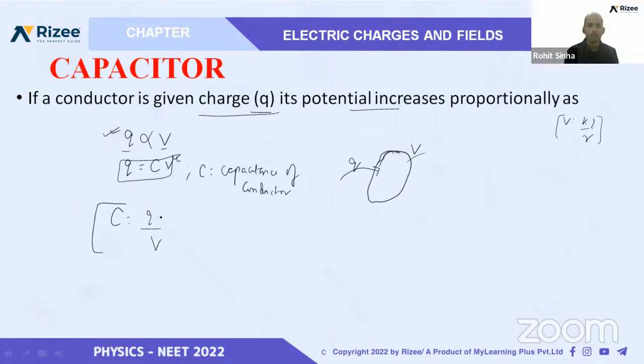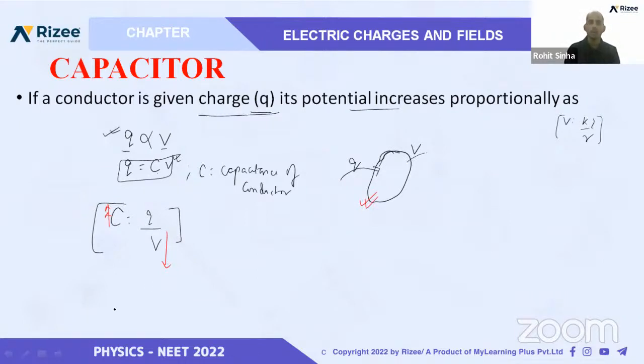Now, what can we understand from here? Since C is equal to Q by V, if we want to increase the capacitance, we have to decrease the potential. So to increase the capacity, we have to decrease the potential.